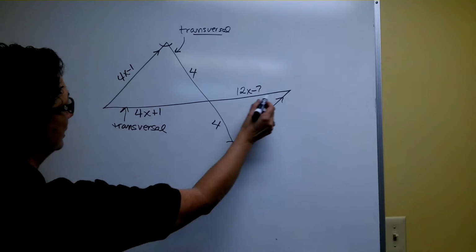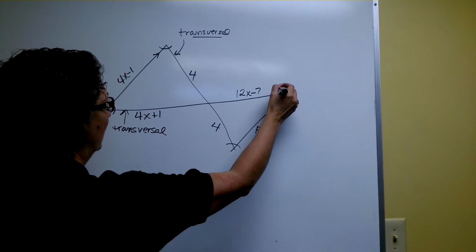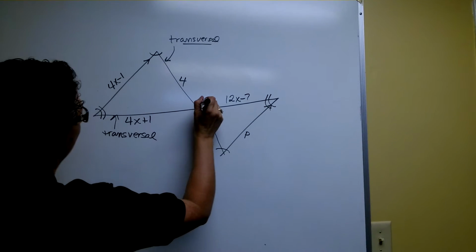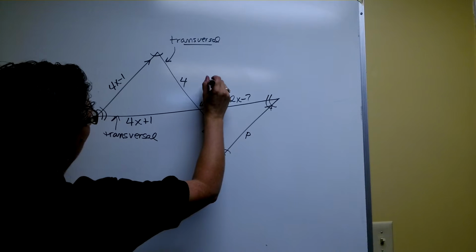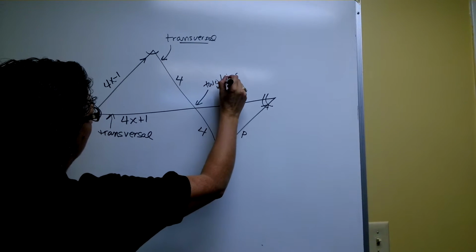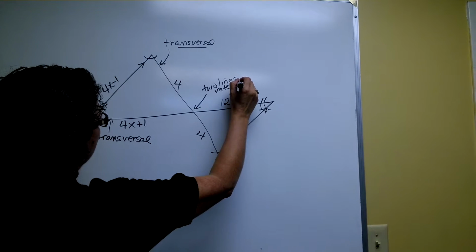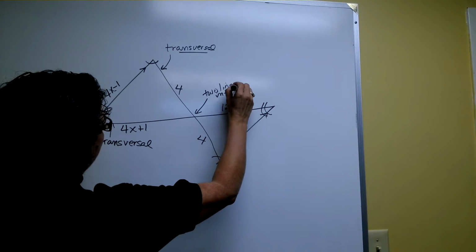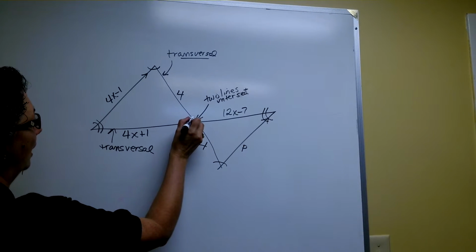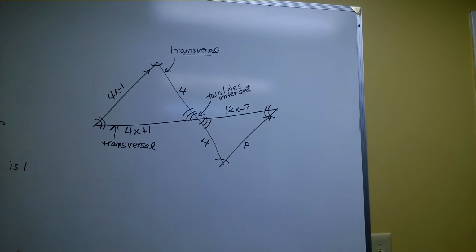And then here's this transversal across the two, so this angle is the same as this angle. This is the point where two lines intersect, so that means opposite angles are congruent. So that one and that one.